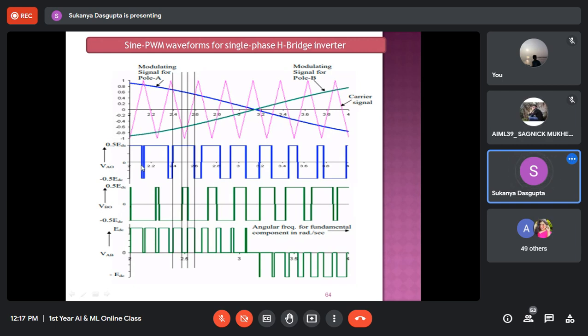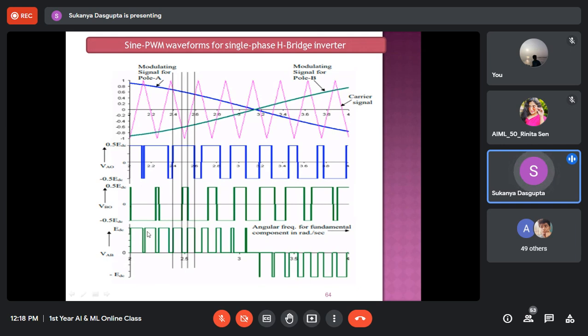So VAB, the line to line voltage between the two lines A and B, is definitely VA minus VB. Combining the second and third waveforms, you will get the fourth one. See, this is not a pure sine wave. This is the output VAB. If you connect a load between phase A and phase B, you will get this type of load voltage waveform.